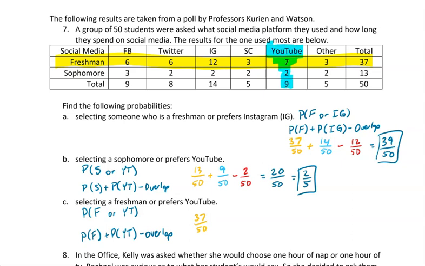Probability that they prefer YouTube is 9 out of 50. And then there are 7 in the overlap. So minus 7 out of 50. So that's going to give us 39 out of 50. And that's our answer.